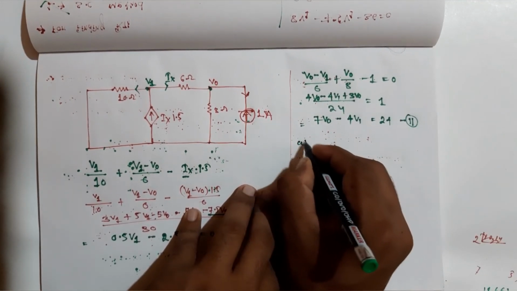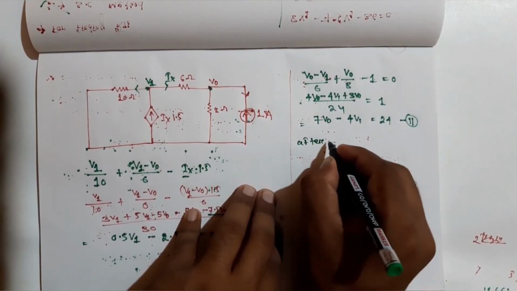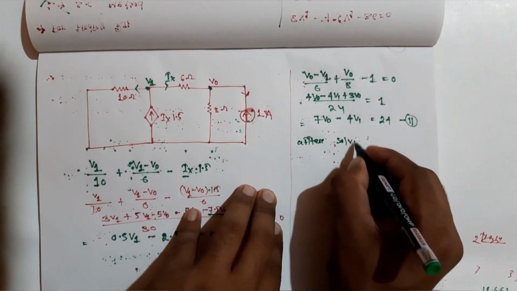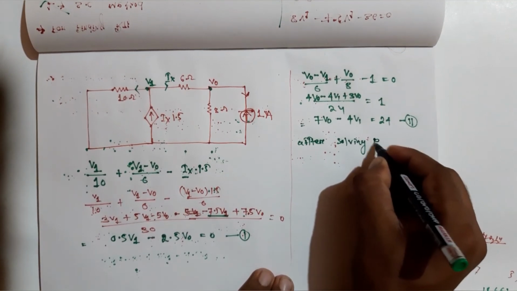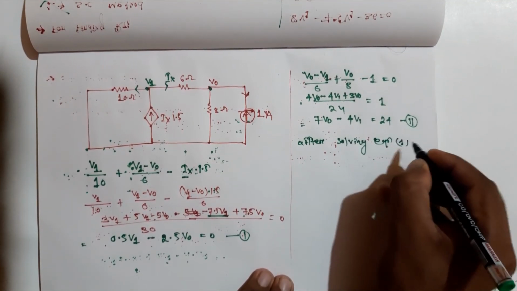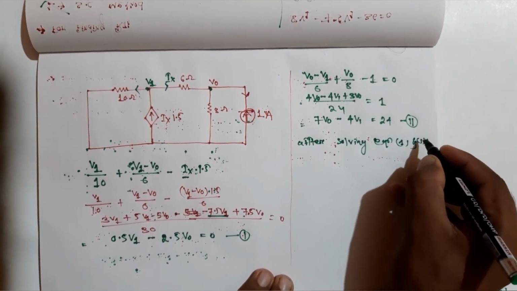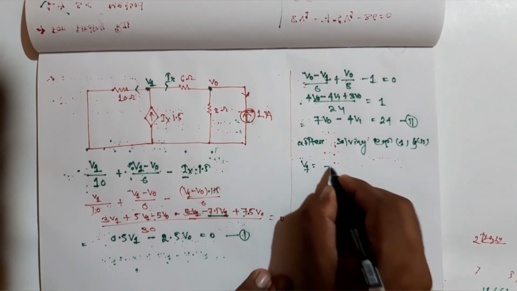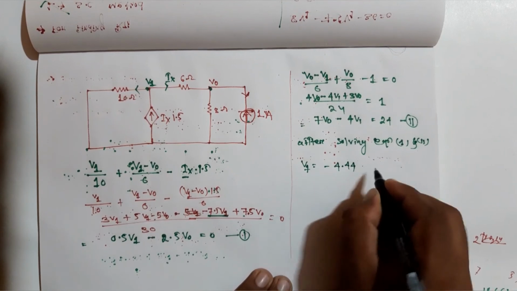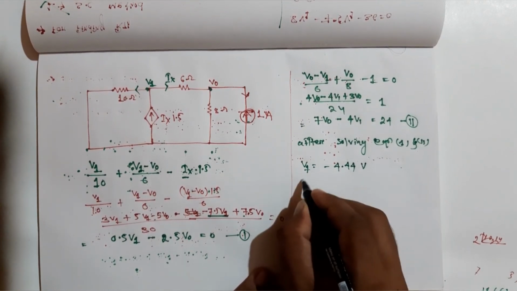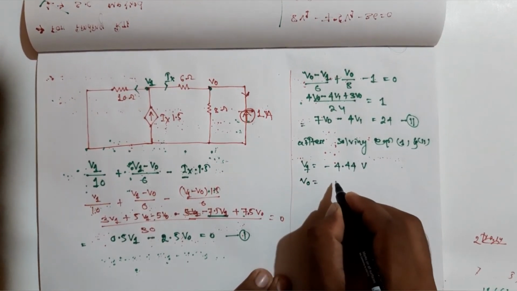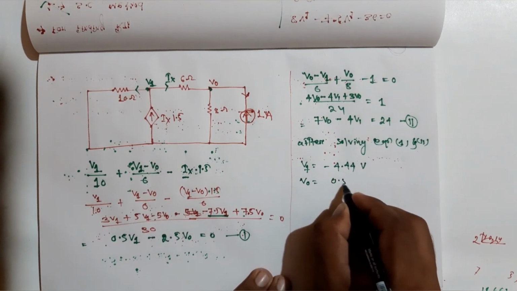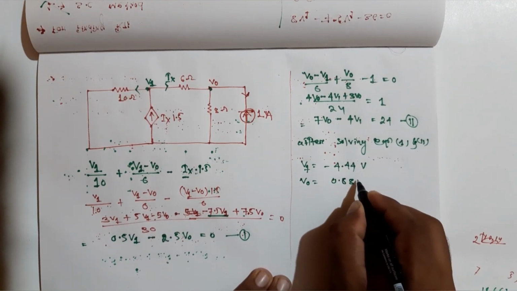After solving equations 1 and 2, we get V1 value equal to minus 4.44 volt, and V0 value is 0.888 volt.